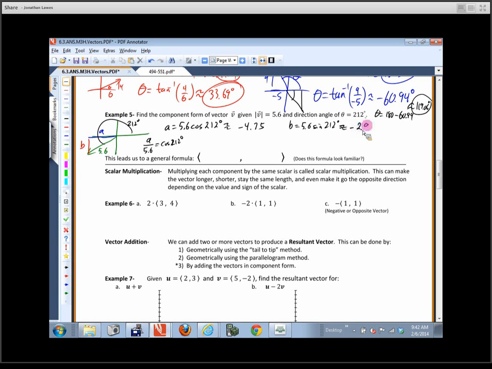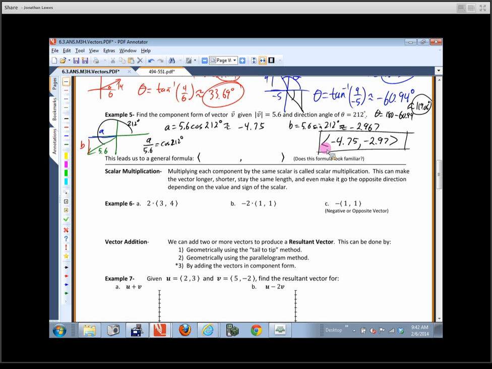Negative 2.967. Okay? So, in component form, this would be negative 4.75, comma, negative 2.97, we'll call it. There's the component form for that particular vector, that vector whose magnitude is 5.6 and whose direction angle is 212. Any questions?